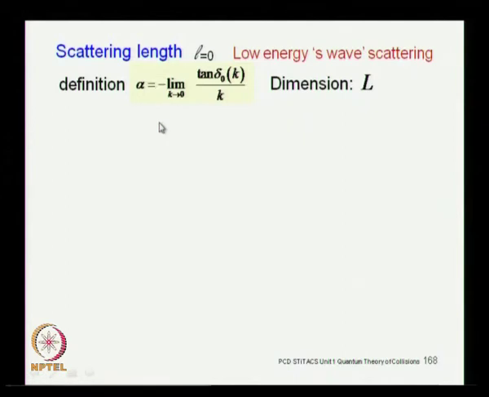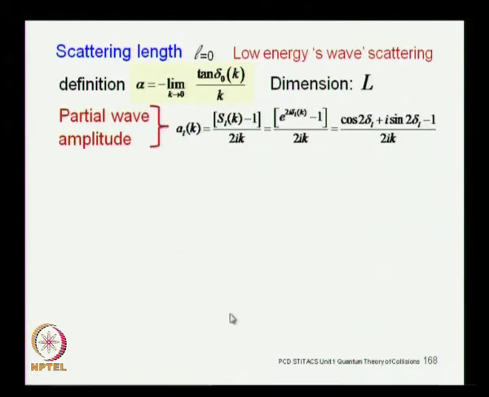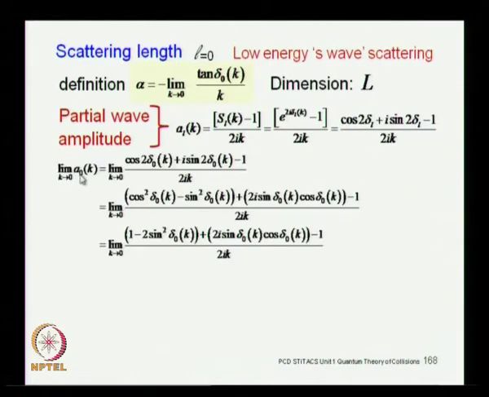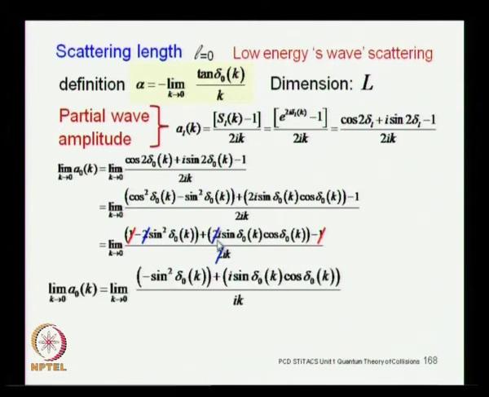And this is the definition of scattering length. The partial wave amplitude we have seen is given by this expression, and if you now take the low energy limit of this partial wave amplitude, taking k tending to 0, then you have this cancellation of 1 over here. This cos square delta is written in terms of sine functions. If you manipulate the trigonometry carefully, then this 1 cancels, the factor 2 cancels, and you are left with sine square delta minus sine square delta over here.